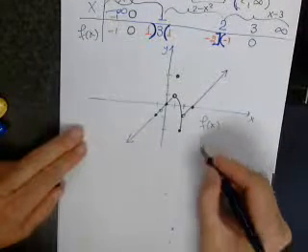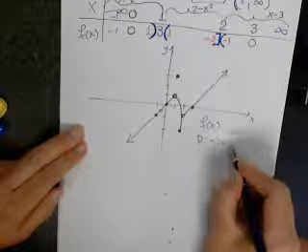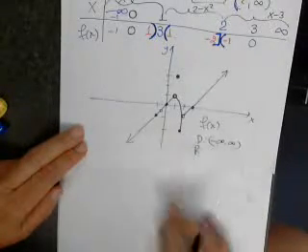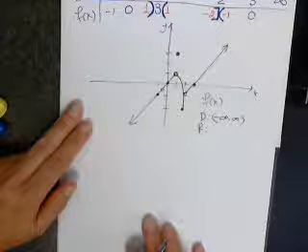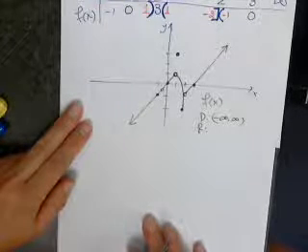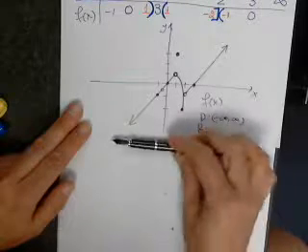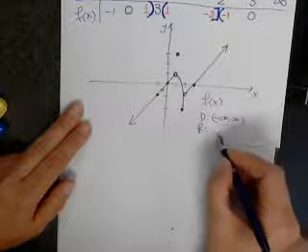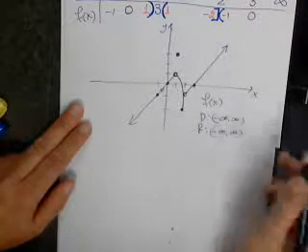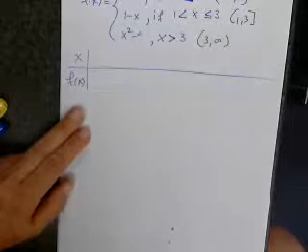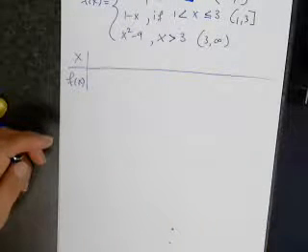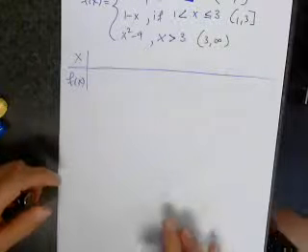So one more time, the domain, negative infinity to infinity. And what about the range? Absolutely. From the lowest to the largest. Yes, indeed. Perfect. So now in this situation, what do we have as domain?